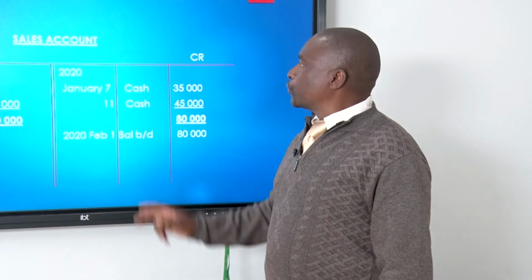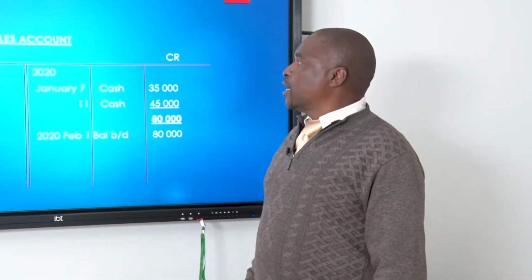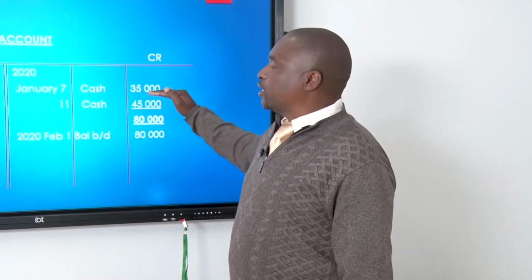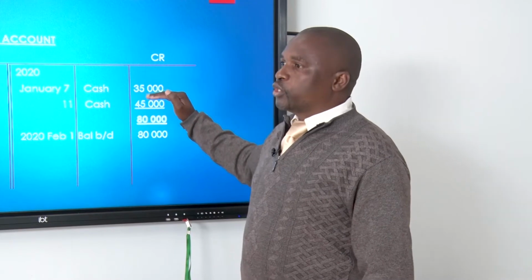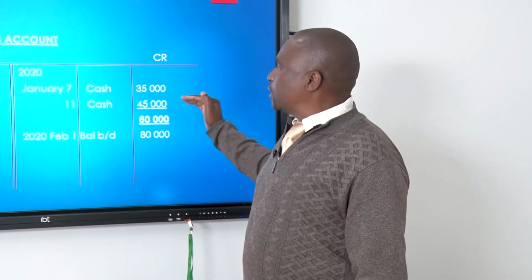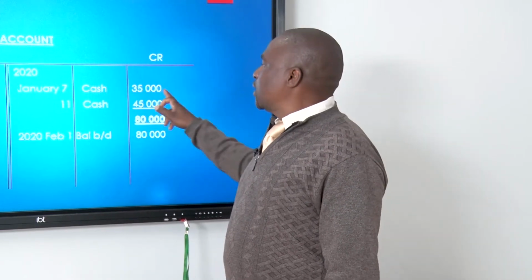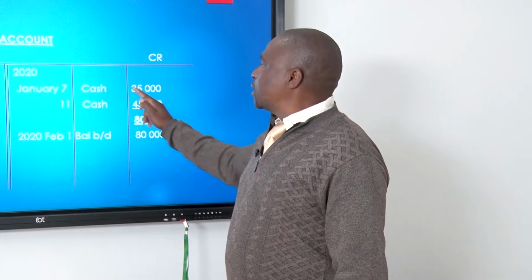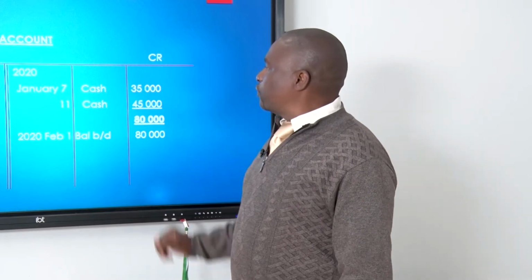Sales account. The sales account was recorded in the cash book on the debit side. But when it is now being recorded in the sales account in the ledger, it is recorded on the credit side. This is to respect the double entry rule of making entries. That cash which was on the debit side in the cash book is now recorded on the credit side. On 7 January it is 35,000.